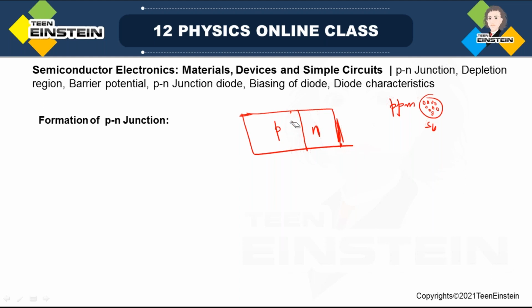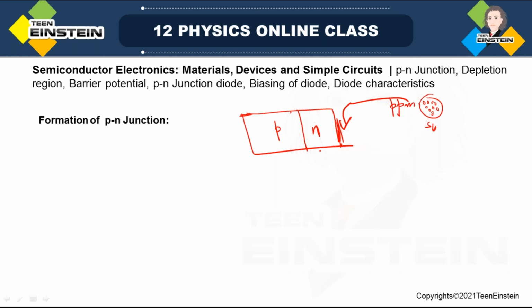So upon doping with antimony or arsenic, you have got a P-N junction.